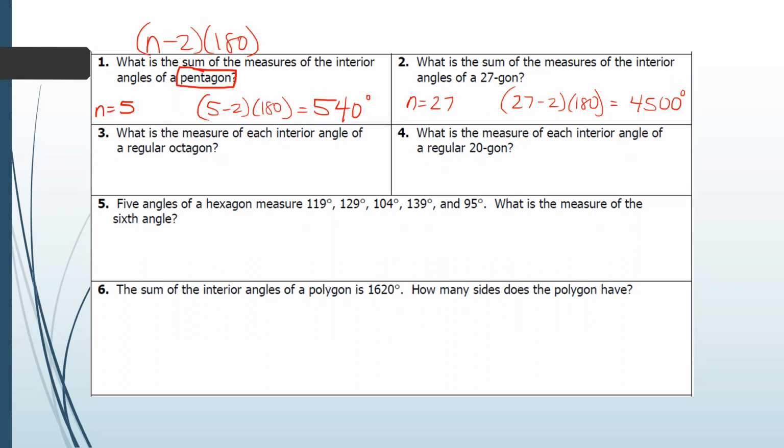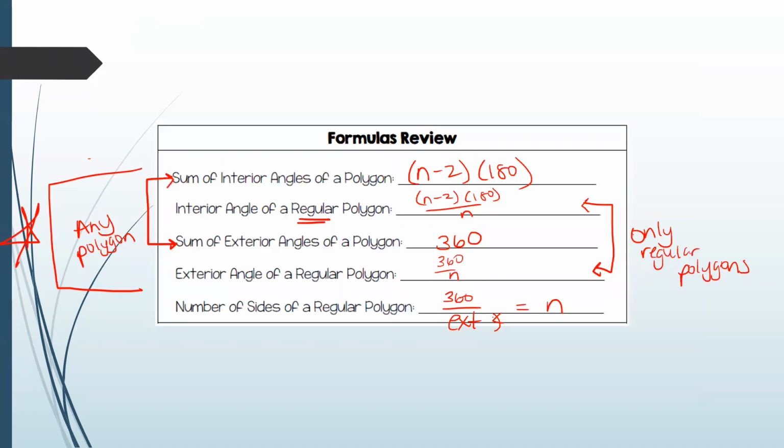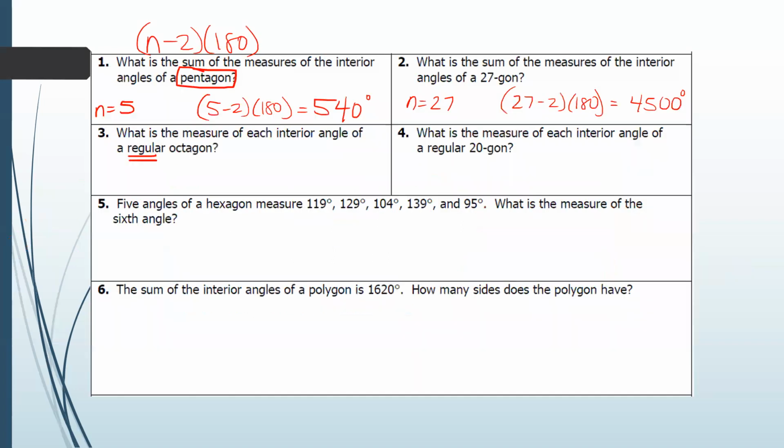Number 3, we're going to find the measure of each interior angle of a regular octagon. Regular meaning that all the sides and all the angles are equal measures. Okay, so the measure of an interior angle of a regular polygon, let's look at our formula. It's that second equation. So we're going to use n minus 2 times 180 divided by n. So the sum of all of the angles divided by however many angles there are.